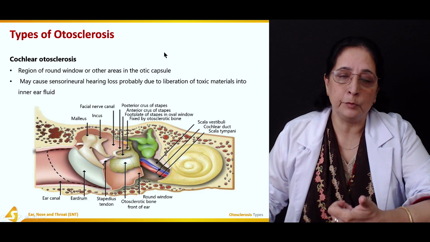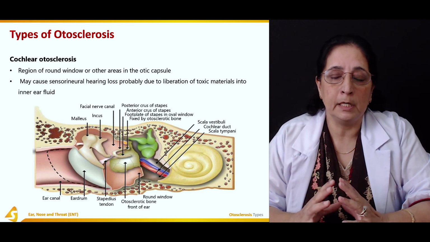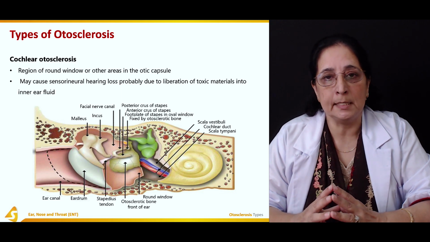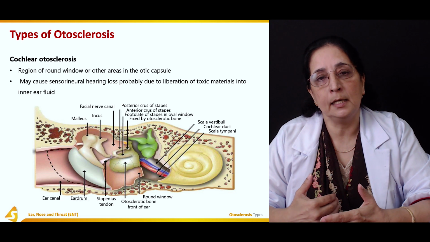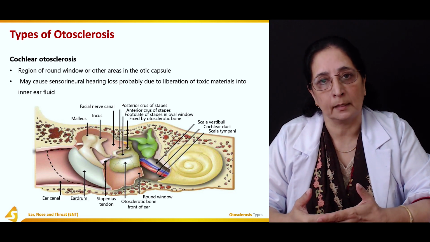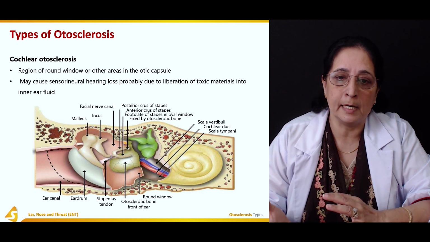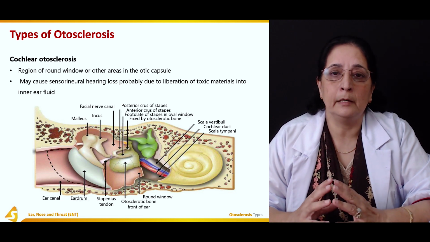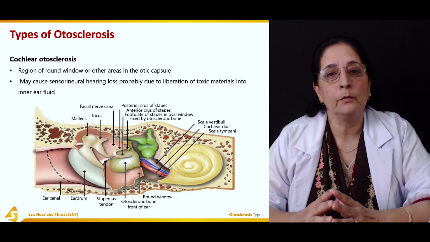The difference between stapedial and cochlear: stapedial involves the footplate of the stapes, leads to immobility of the stapes, and conductive deafness occurs. In cochlear there is sensory neural deafness because of the release of toxic material into the inner ear fluid.